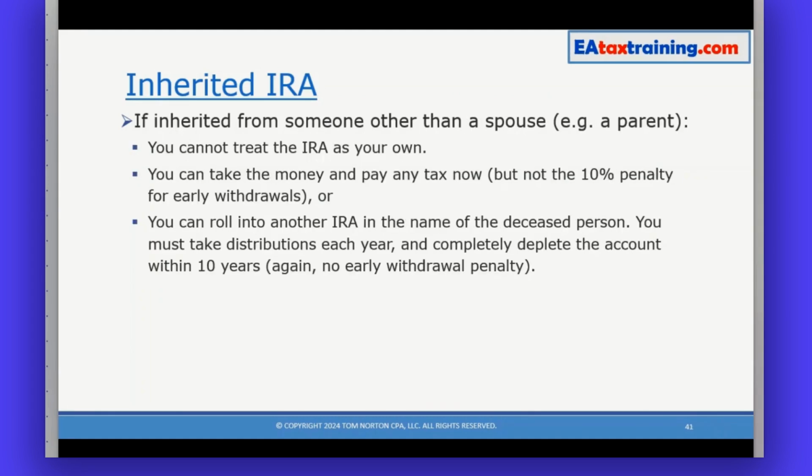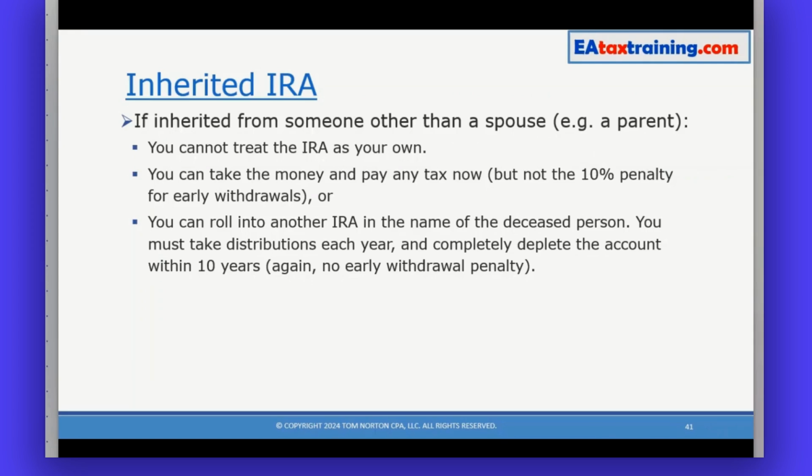So if you are inheriting the IRA from someone other than a spouse, for example, from parent to child, which is common, you are not allowed to treat the IRA as your own. But what you can do is you can take the money and pay any tax now and not have to worry about the 10% penalty for early withdrawals.